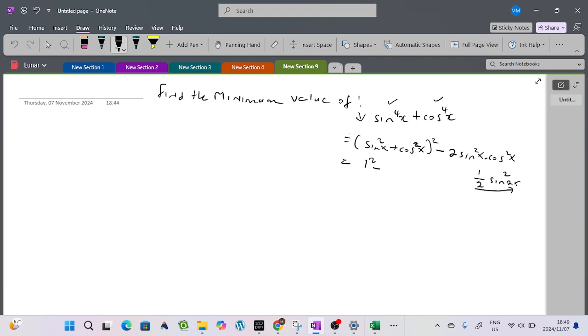So now you have 1 squared minus this term, minus half sine squared 2x.